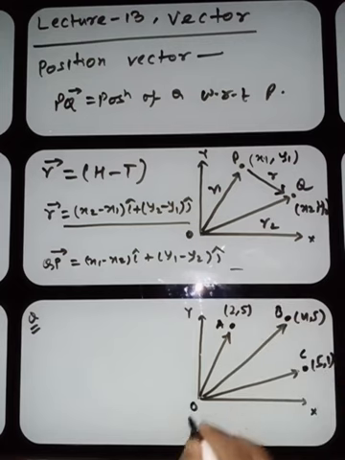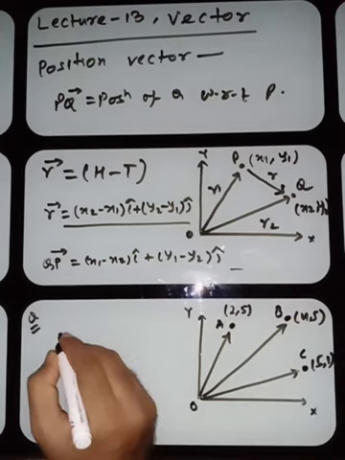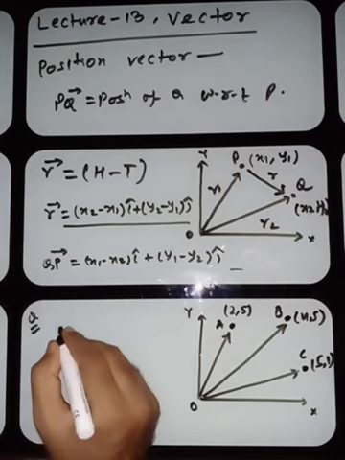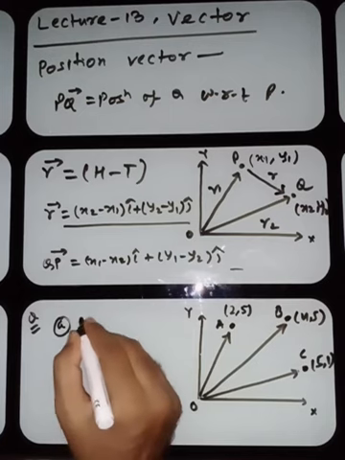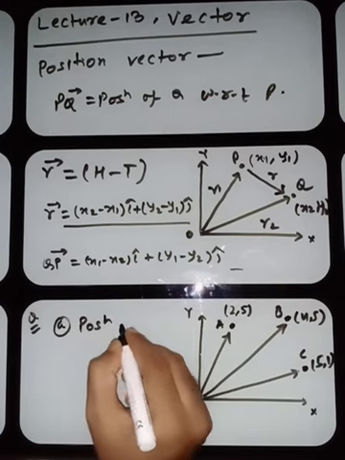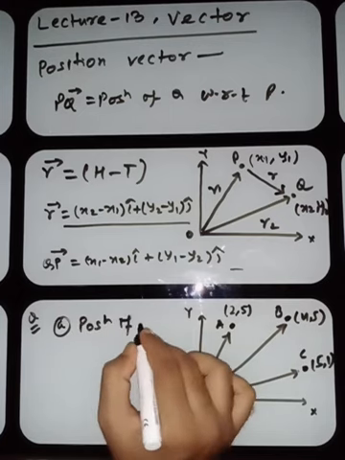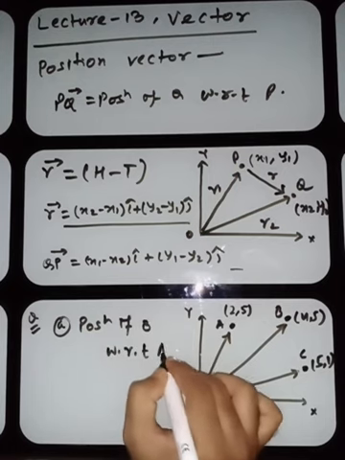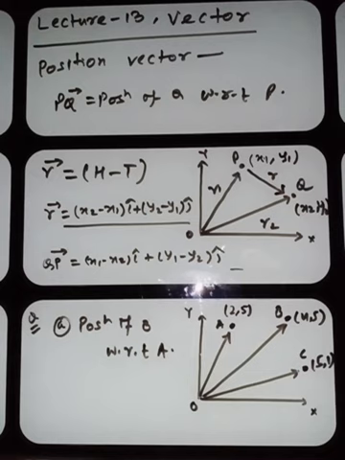Now I'm asking the question: find the position vector of the first one, position of B with respect to A. Try to solve, hurry up students, and then I will write and you will match your answer.